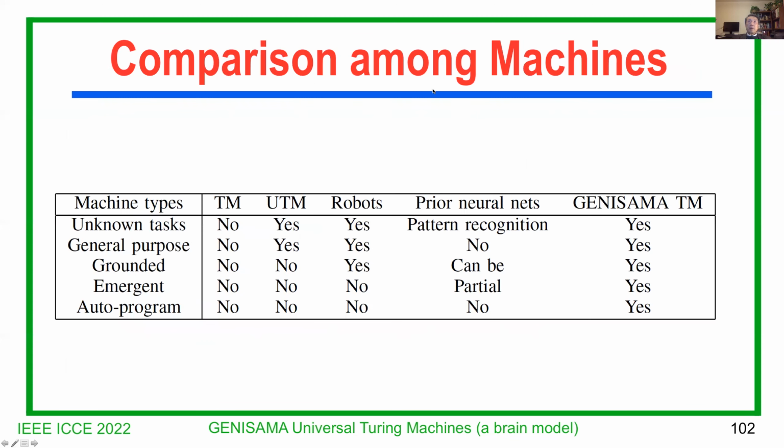And a comparison among machines: you have a Turing machine, UTM, robots, prior neural networks. GENISAMA Turing machine was the only one that can do auto-program, all right? And prior emergent neural networks can do partial emergent, and GENISAMA can.